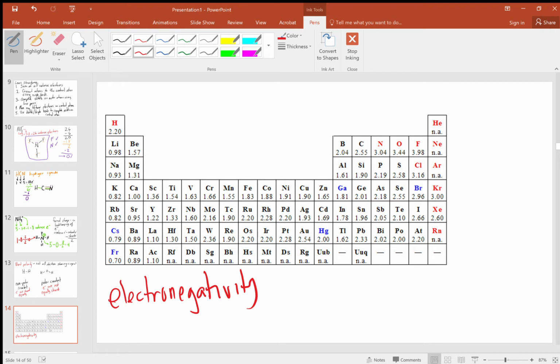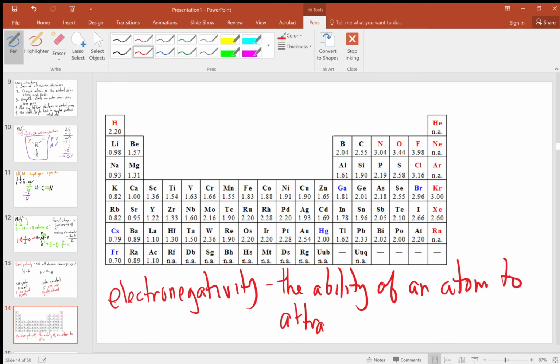So electronegativity is the ability of an atom to attract electrons. Now there's some similarity between this and something we talked about previously, which is electron affinity, but they're not exactly the same, and we want to be careful of that.